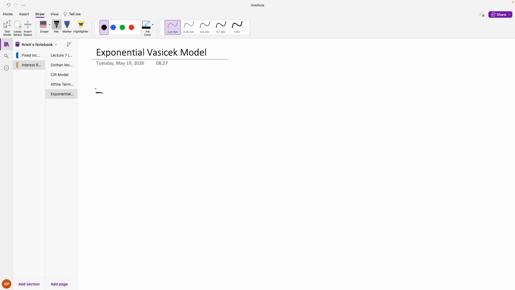Based off the name, basically what it does is we have a regular Vasicek model approach. This is the regular Vasicek model for YT.